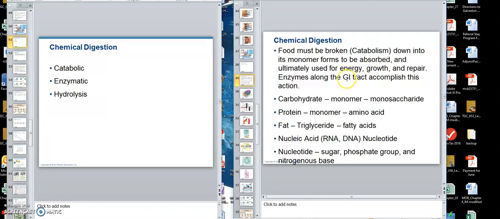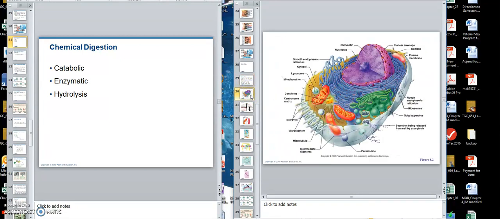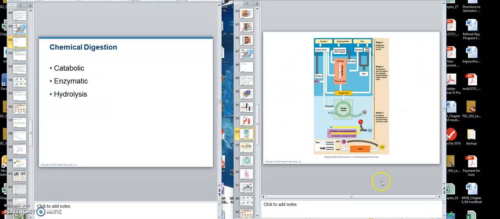To use this to make ATP, what do you need to do? You need to metabolize it, right? Now here's a cell. It's in the cell that you're going to do metabolism. So what you're doing is, you're taking these various foods here.